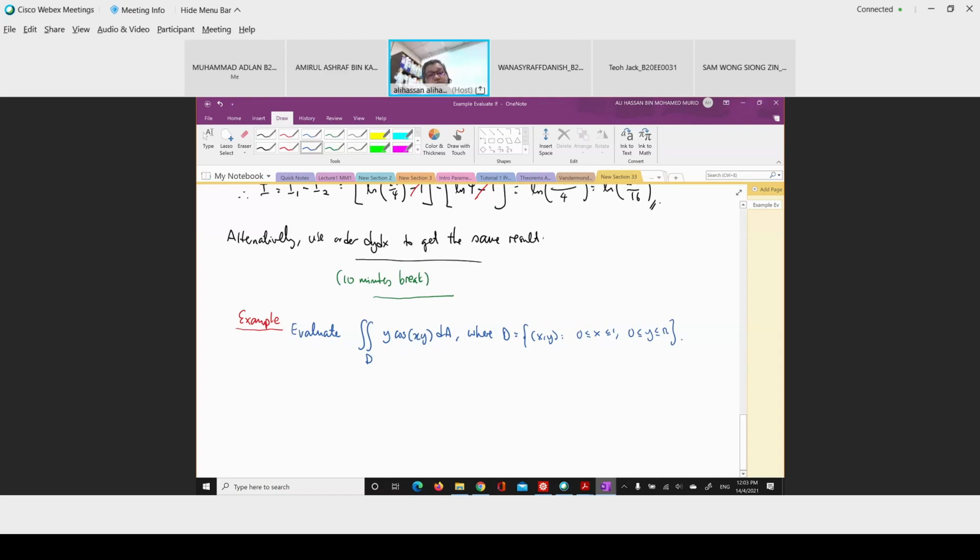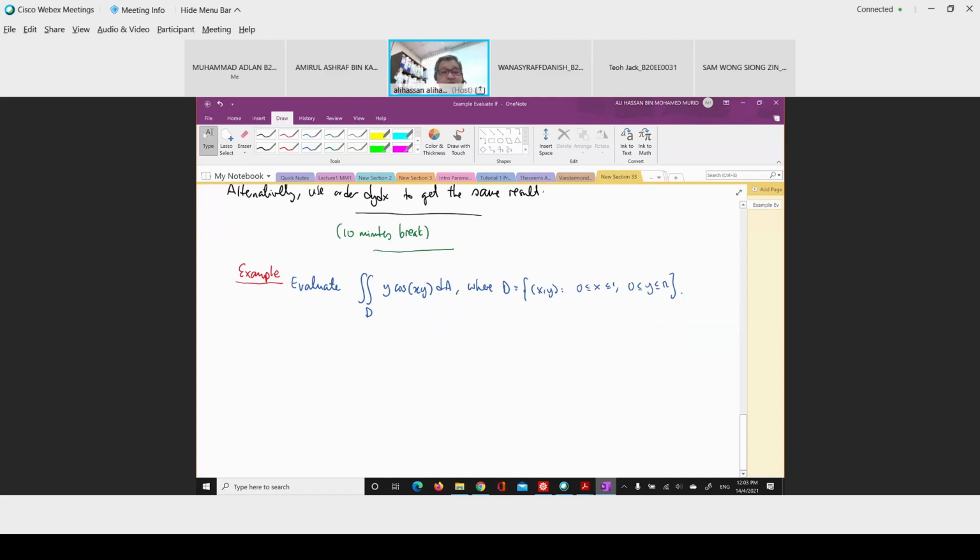One way to see that D is a rectangular region is to look at the limits for x and y. They are both constants, right? The limits for x are constants, and the limits for y are also constants.